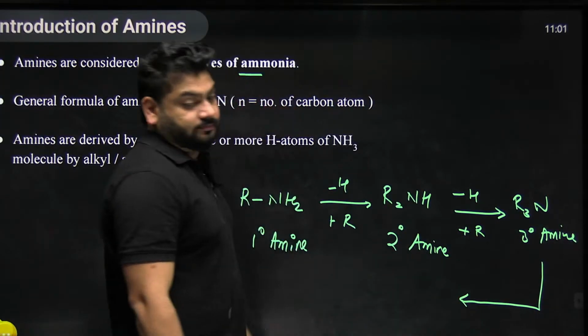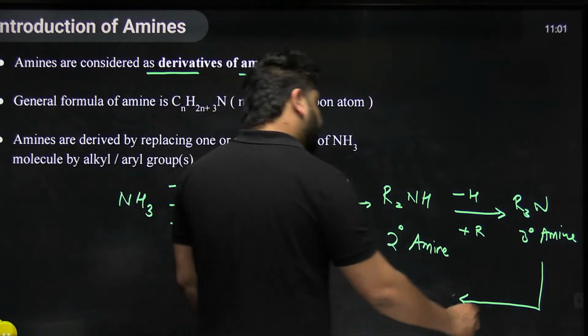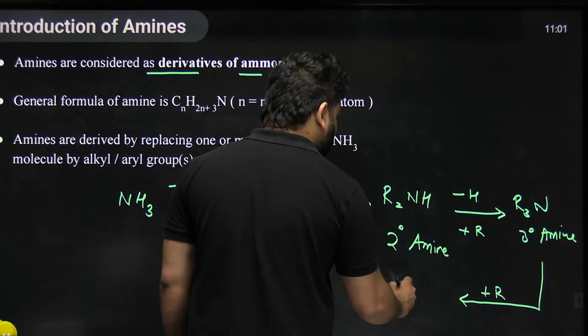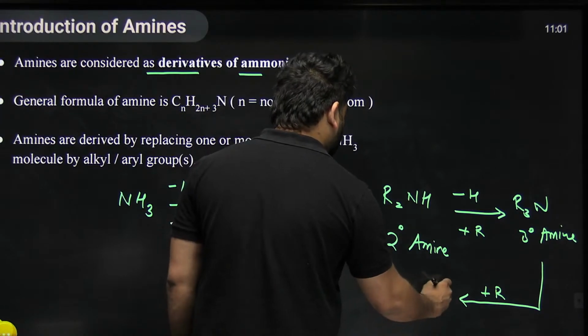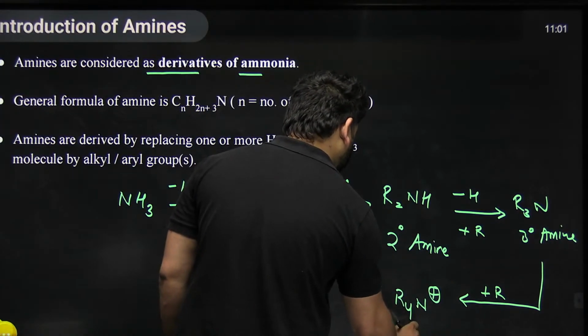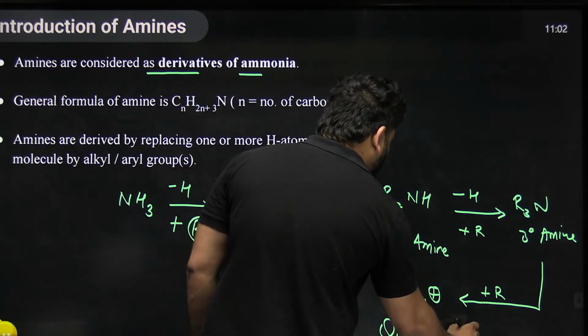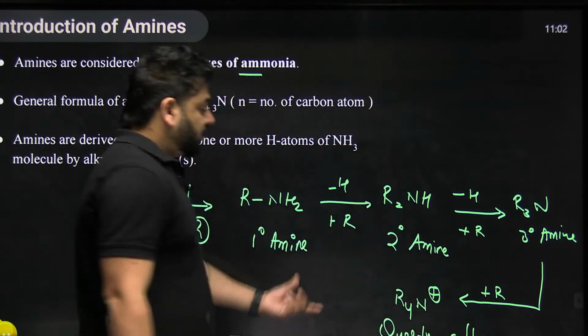And then if I add one more R here and make a quaternary salt, that is R4N positive, this is called the quaternary salt of ammonia.